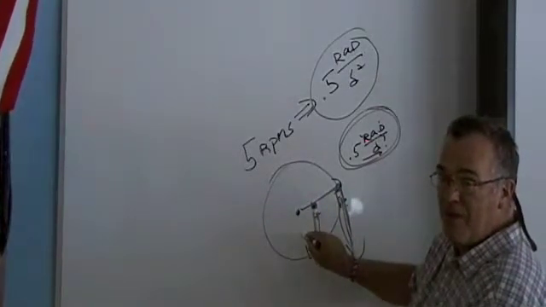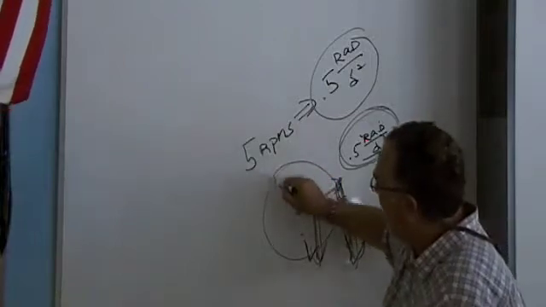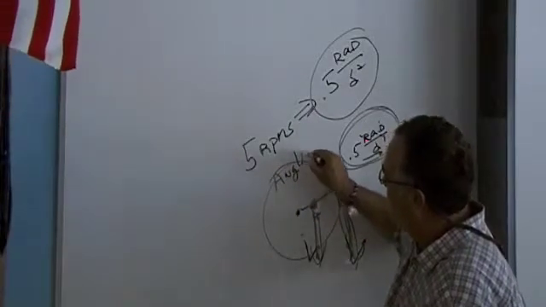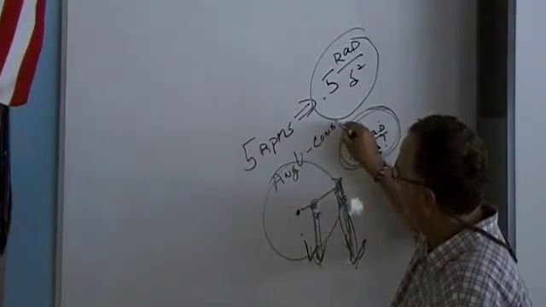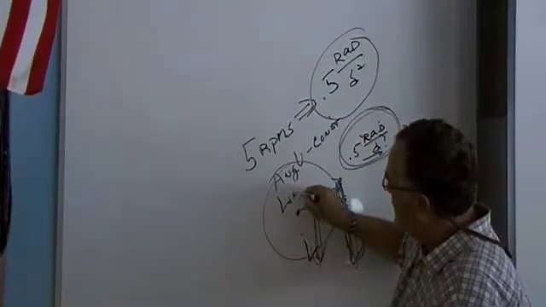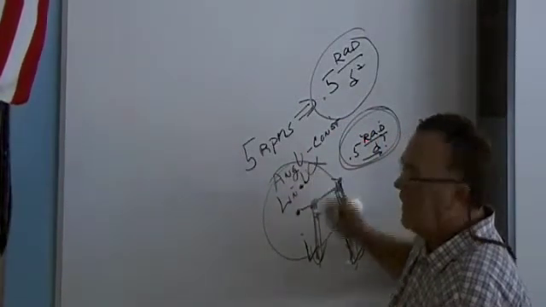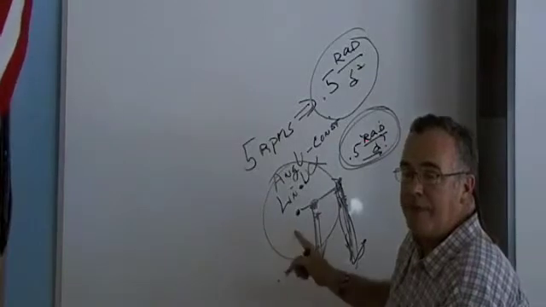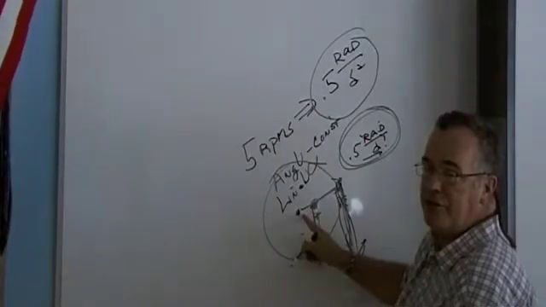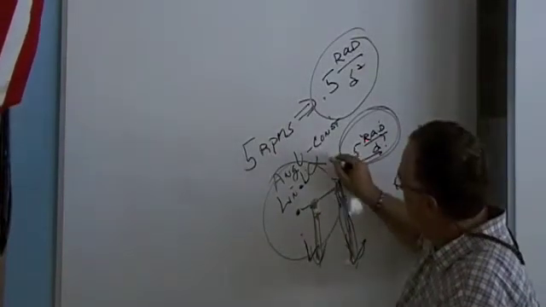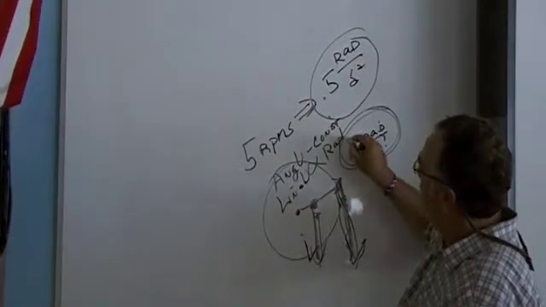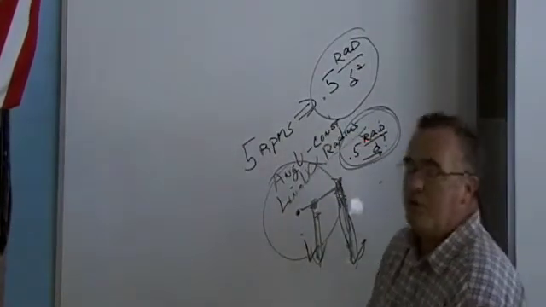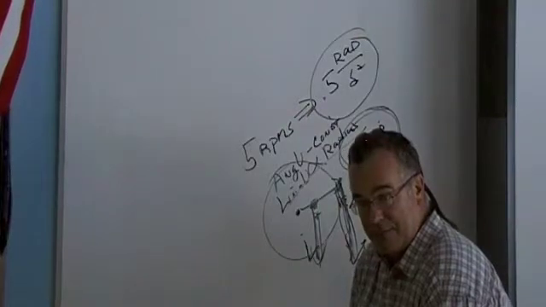Angular velocity is constant. Linear velocity increases with the radius from the center.